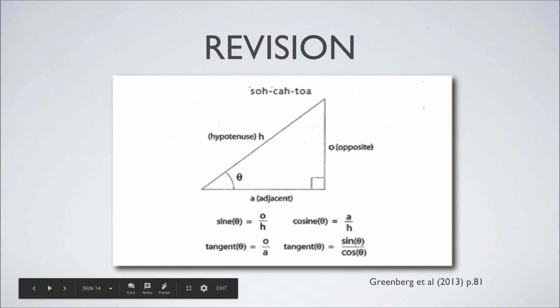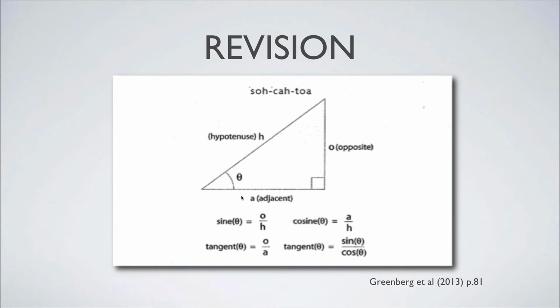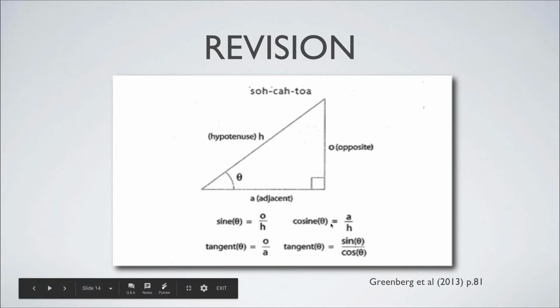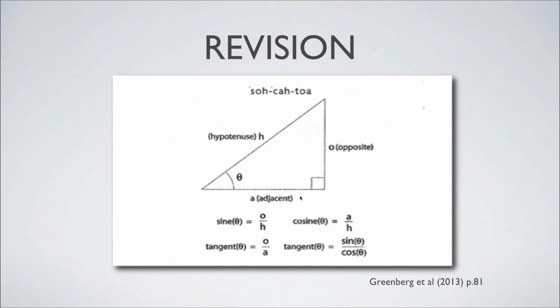There is good old SOHCAHTOA, which is the sine of the angle here is equal to the length of the opposite divided by the hypotenuse. The cosine of that angle is equal to the adjacent divided by the hypotenuse.